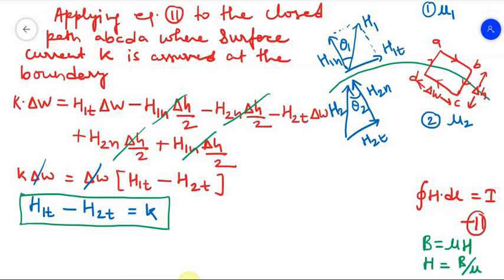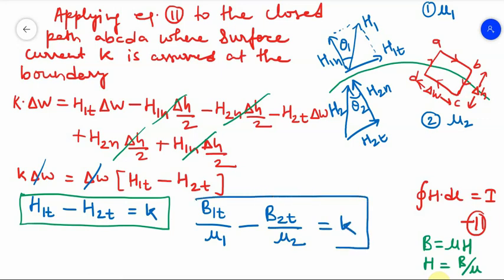If we substitute in place of H1T in terms of B, we can write B1T upon mu 1 minus B2T upon mu 2 equals K. So this shows that the tangential components of magnetic field intensity and magnetic flux density both are discontinuous at the boundary.